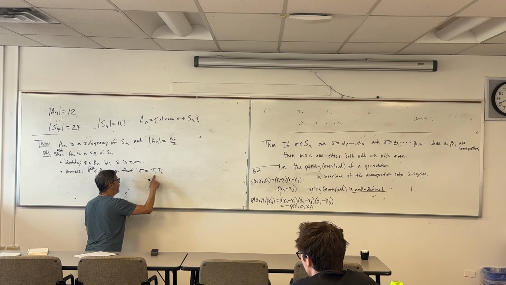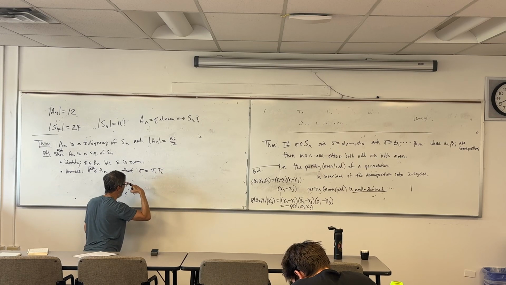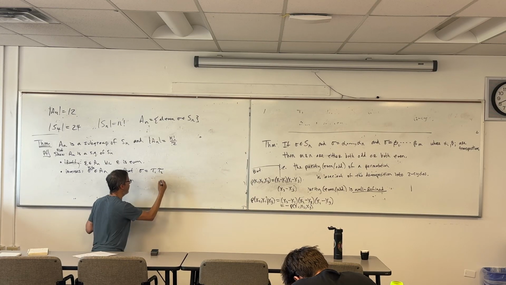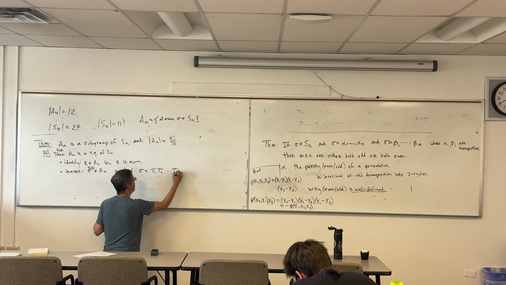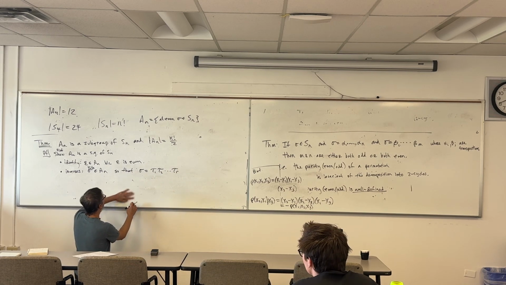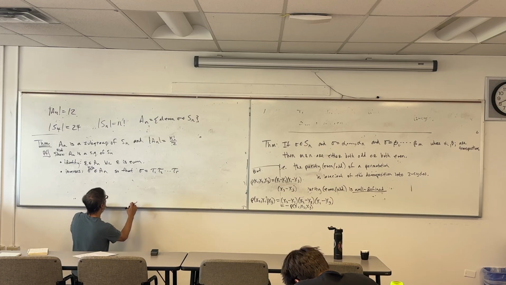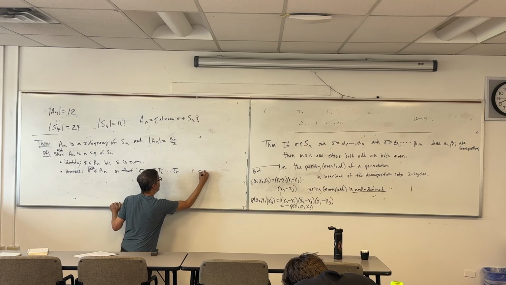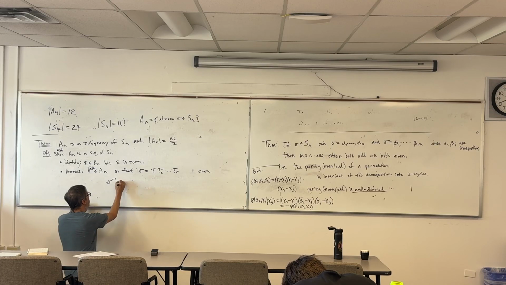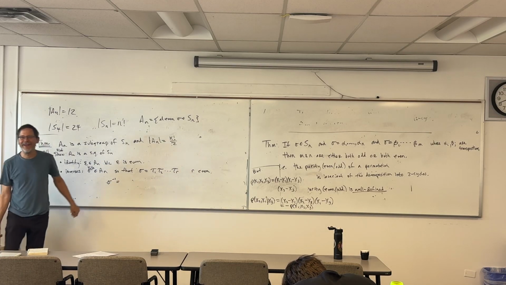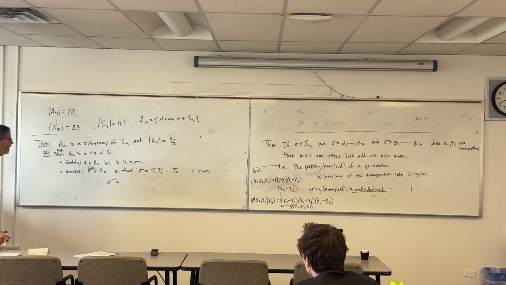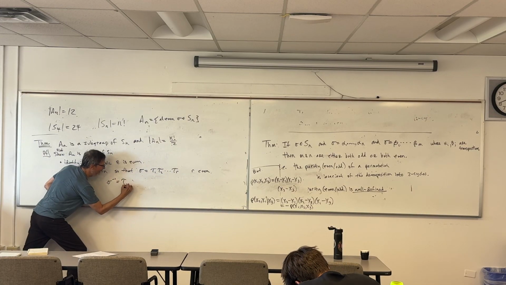Tau 2, I like using tau for transpositions, because T and all that, not because I'm T, but transpositions are. T sub R. Let's give R some love. And R is even. What does sigma inverse look like? It's just T to the R inverse, all the way down to T to the 1 inverse.